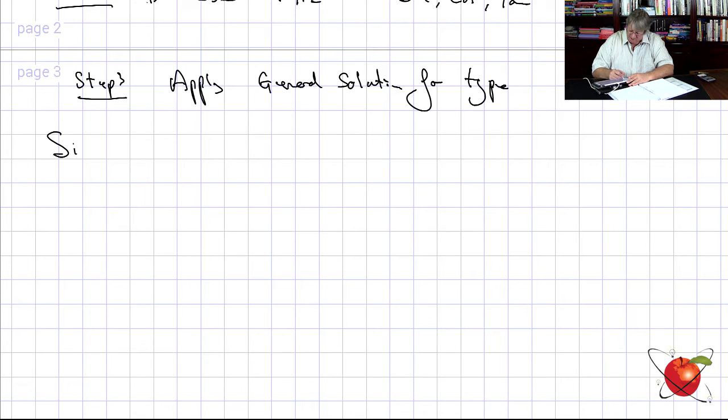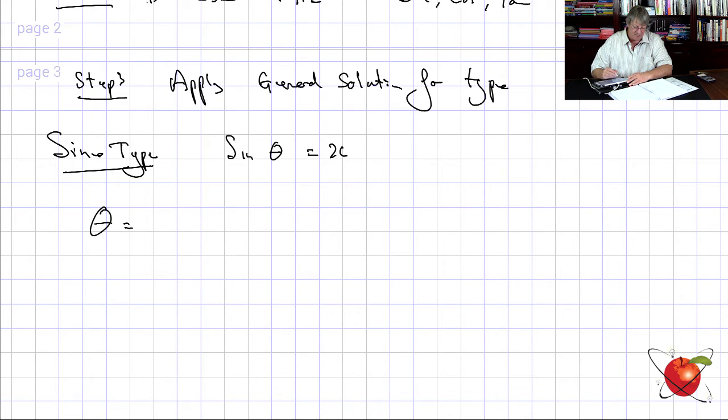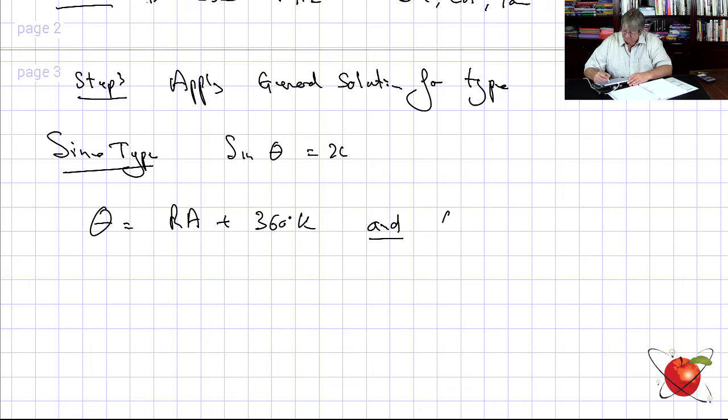We can have an equation which is a sine type, which tells us, therefore, if it's sine theta equals x, we say theta is going to be equal to the reference angle plus 360k, and theta equals 180 degrees minus the reference angle plus 360k.